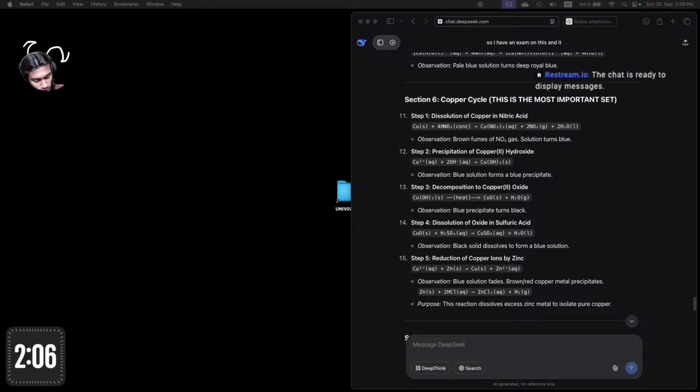Dissolution of oxide in sulfuric acid. CuO plus H2SO4 gives CuSO4 plus H2O.